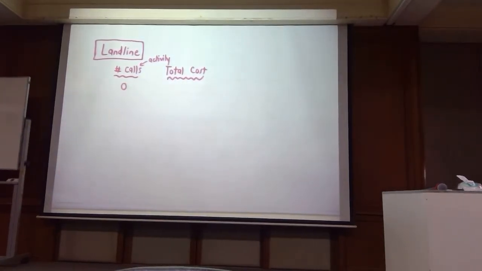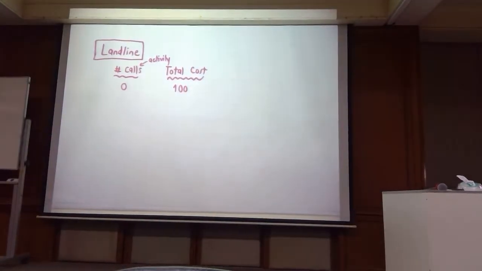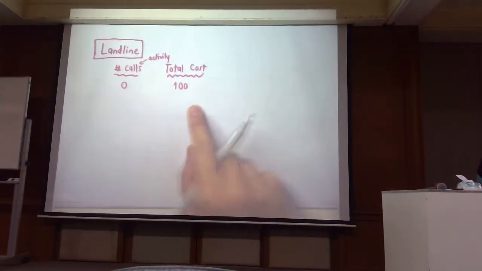Let's say, if you have the phone at home, but you don't make any call at all, do you still need to pay? We still need to pay, right? So for how much? Yeah, actually it's 107, right? We have to pay VAT too, but just ignore VAT for now, make it easy. So let's say the total cost, if you don't make any call at all, you need to pay 100 each month, okay? So total cost equal to 100.